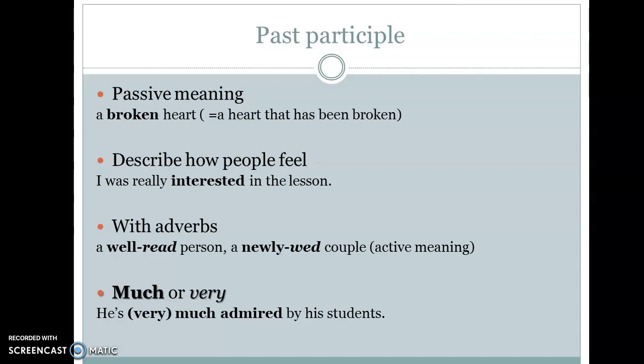And on the other hand, they describe how people feel. I was really interested in the lesson. I was really bored by the lesson. We also use past participles with adverbs, such as a well-read person, a newly wed couple, and there is an active meaning involved here. We also use it with much or very.